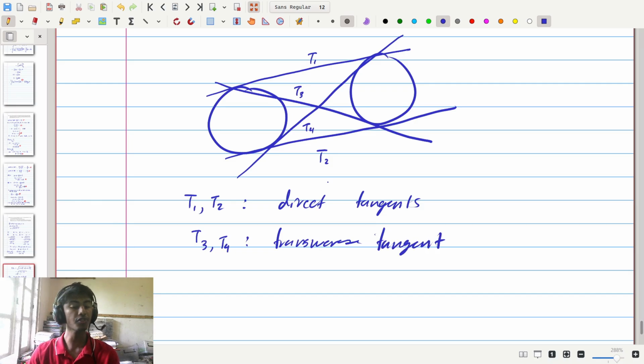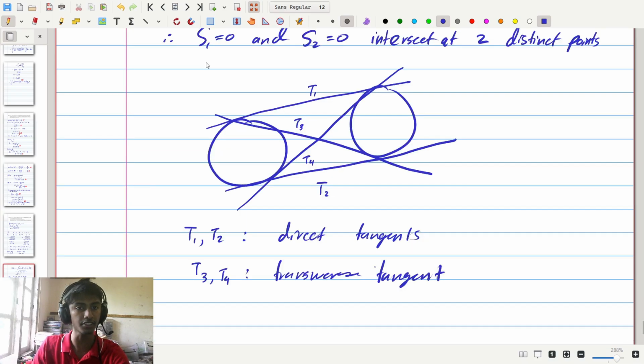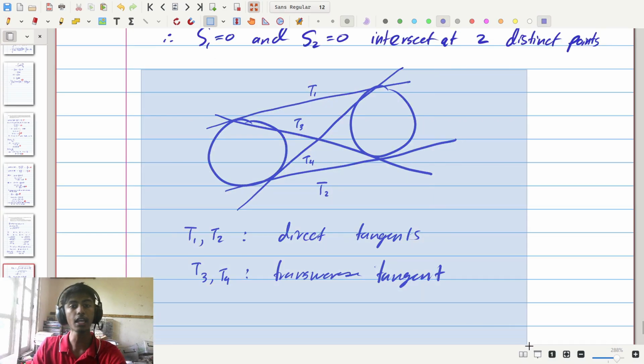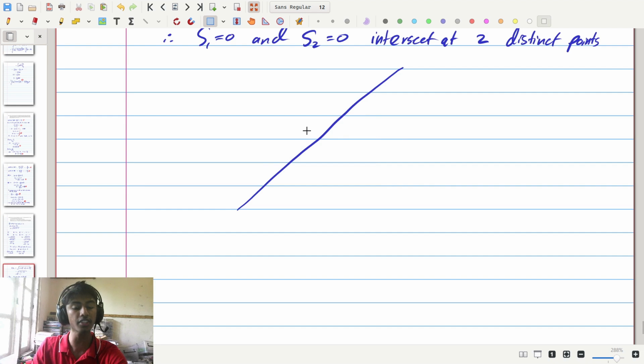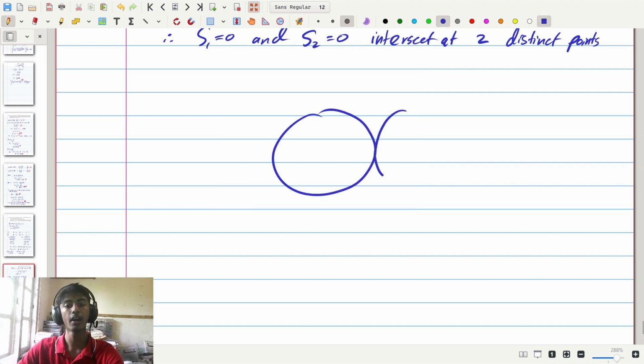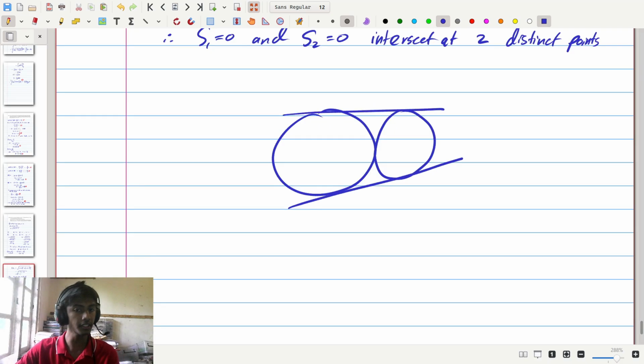Now, in the case of two circles being external to each other like this, all four of these tangents exist. However, if two circles touch each other externally, like so, there will be, instead of 4, just 3. This one, and a very special tangent that crosses right in between the intersection of these two circles. So in the case of two circles touching externally, there are 3 common tangents.